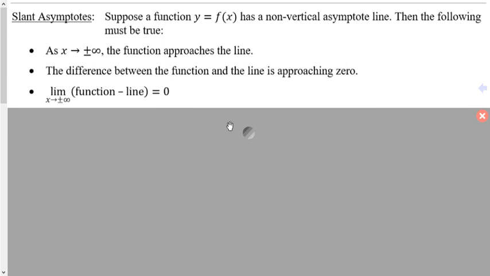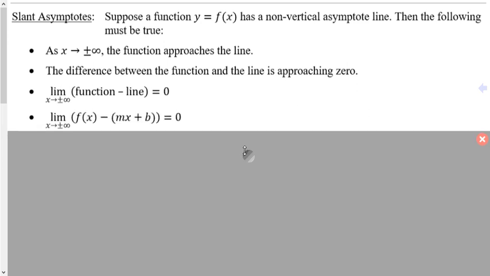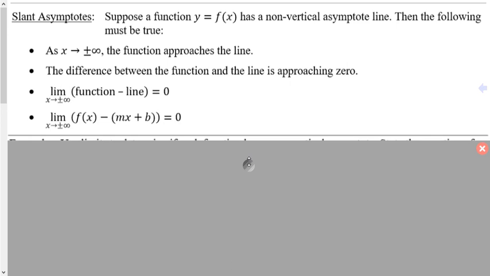Or f of x minus some line mx plus b, that difference will go to 0. If this is true, then our function has a non-vertical asymptote. Doesn't mean it doesn't have a vertical asymptote. It just means it has a horizontal asymptote or an oblique slant asymptote. Okay, we're going to make use of this as we go through these next examples.